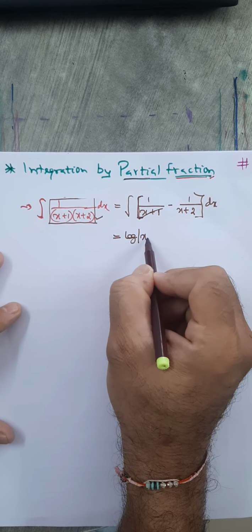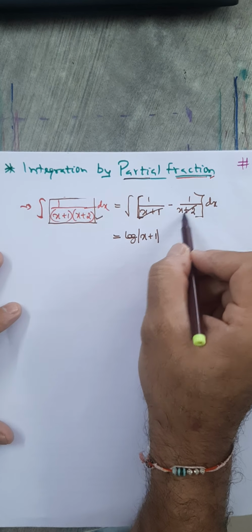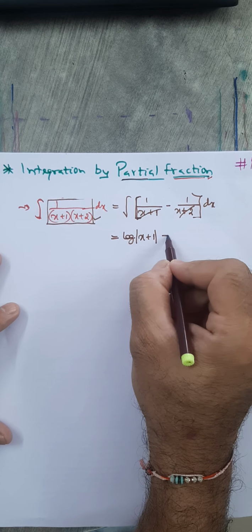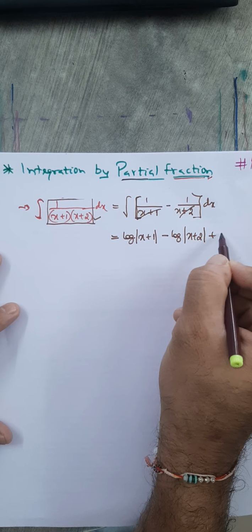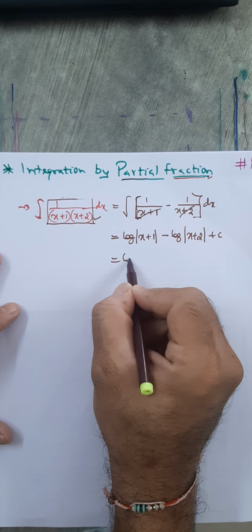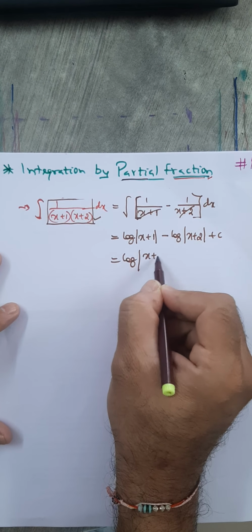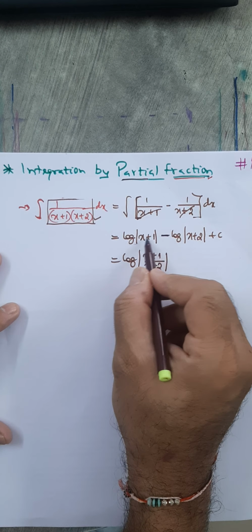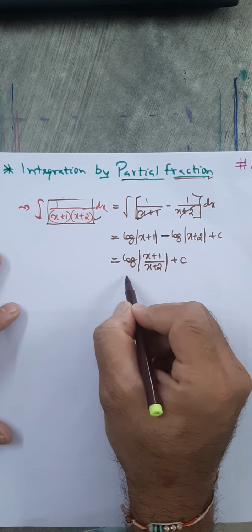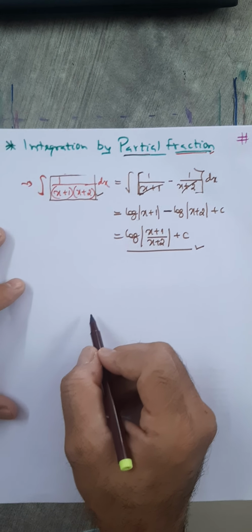So log of mod of x plus 1, minus log of mod of x plus 2, plus c. And therefore finally you can write log of mod of (x plus 1) upon (x plus 2), by the property of log functions, subtraction becomes division, plus c. This is your answer.